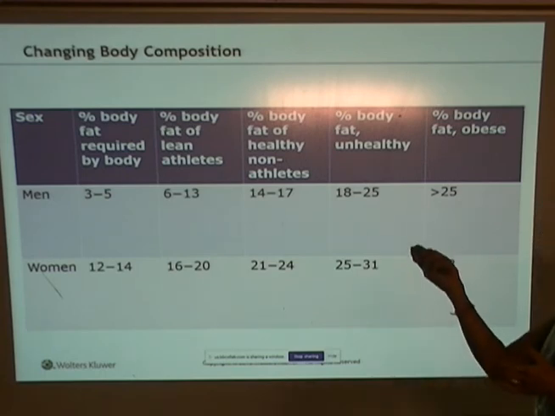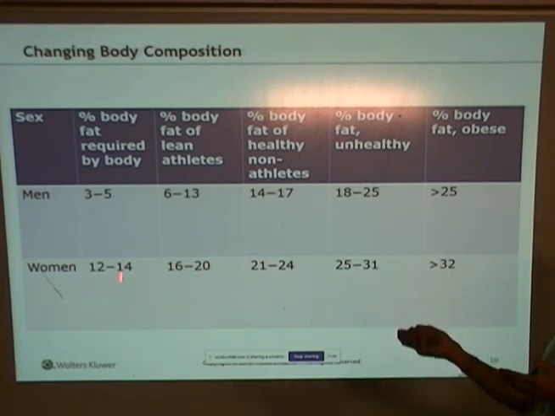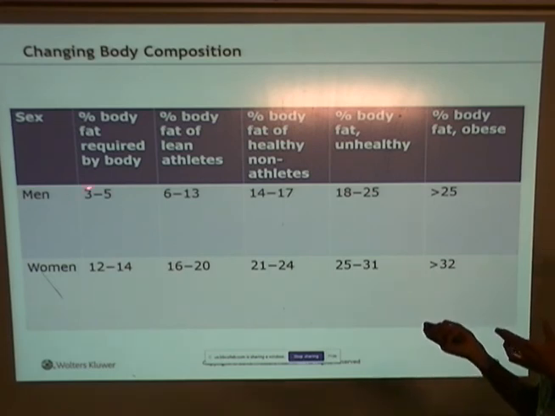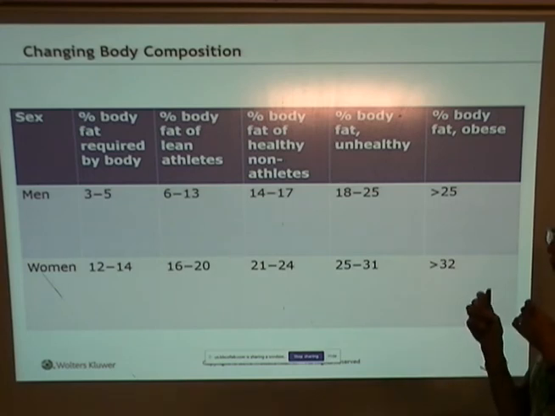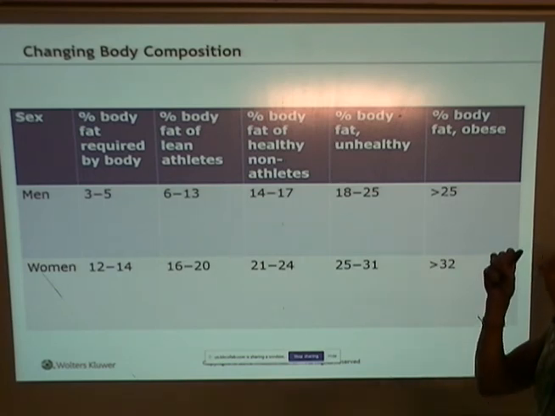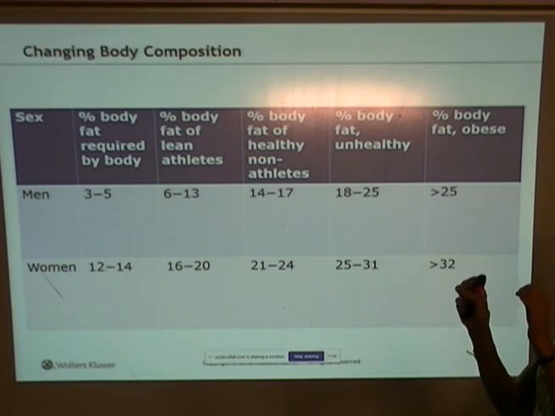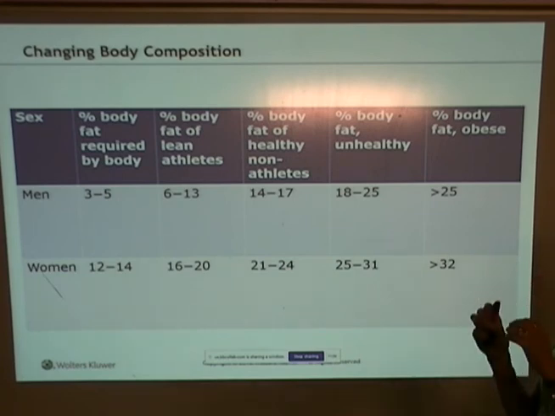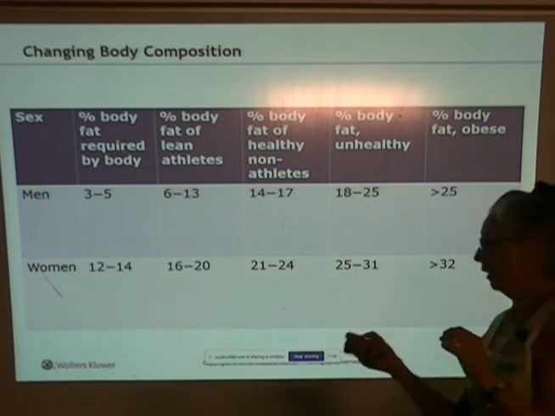Okay? So if I look at the first column in this table, this number represents the minimum amount of fat a male or a female needs to function healthily, right?